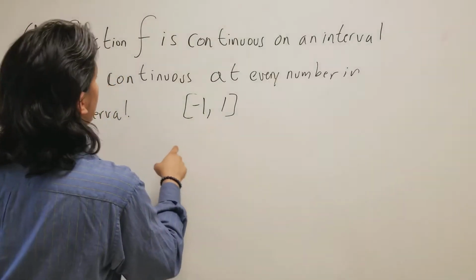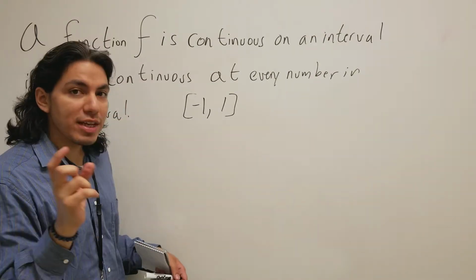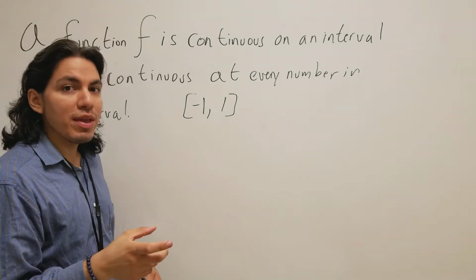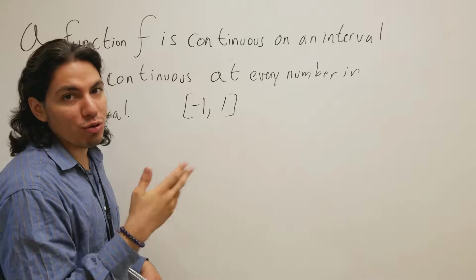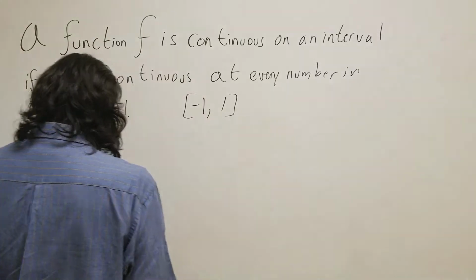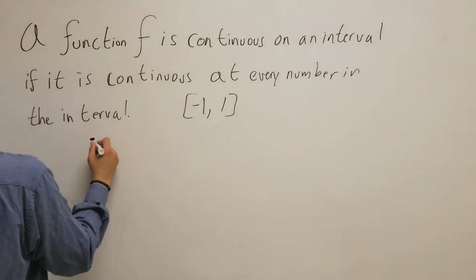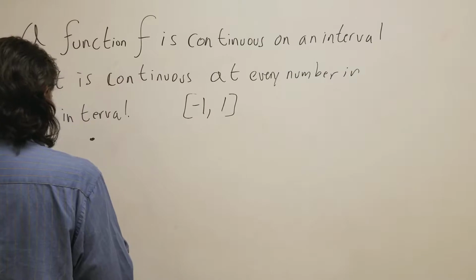That's why when something is continuous on an interval, it has to be continuous at every single point within that interval, or just about any point on the real number line.